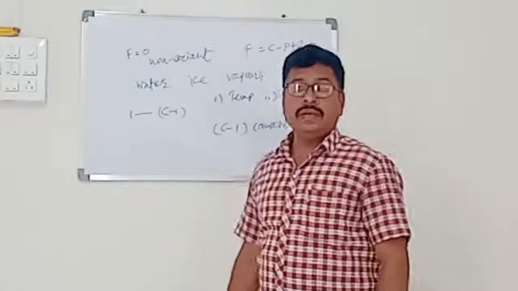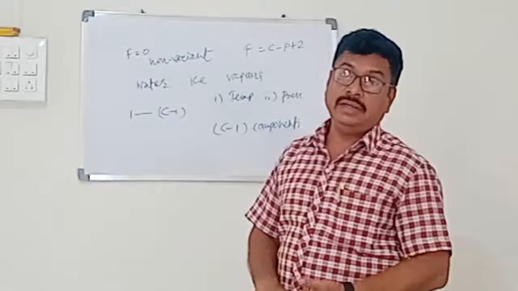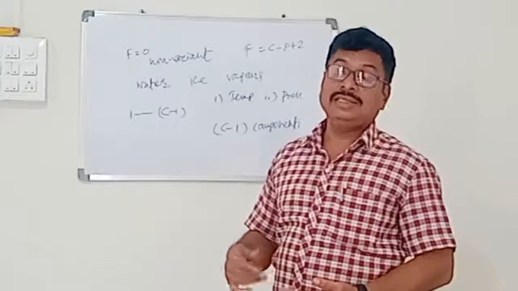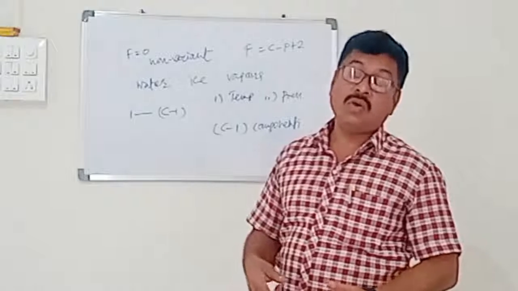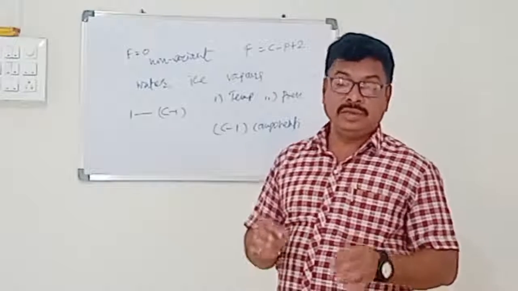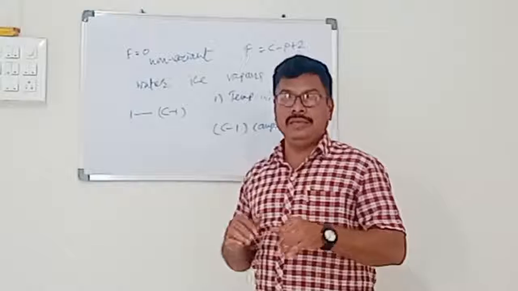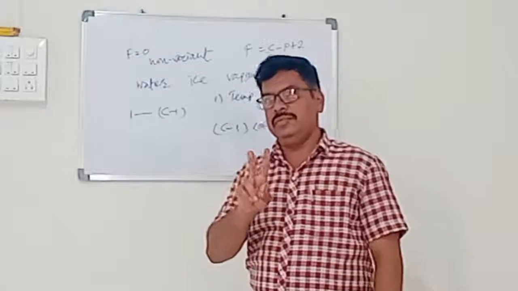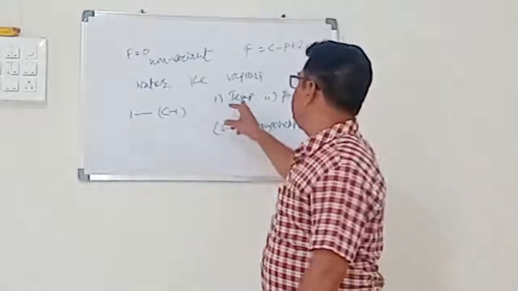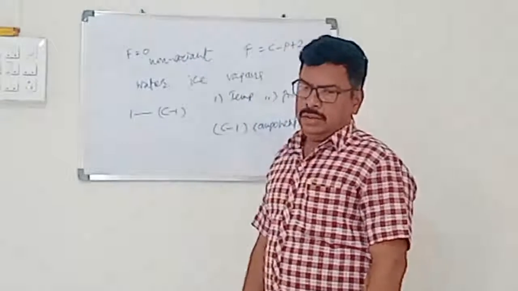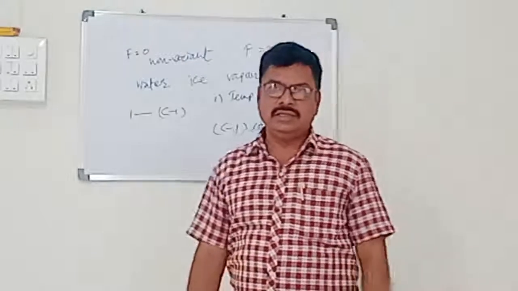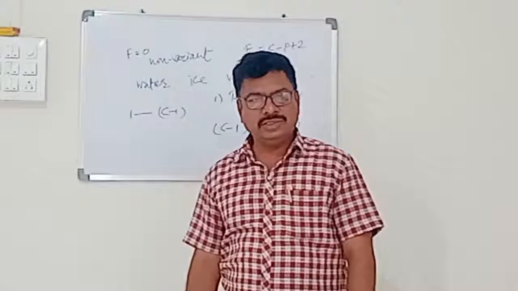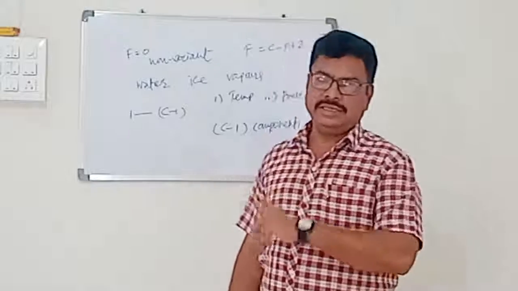What we are going to calculate is the number of unknown variables, that is the degree of freedom, for that heterogeneous system in equilibrium. Now, two variables are there, temperature and pressure. The third variable is composition, also known as concentration.